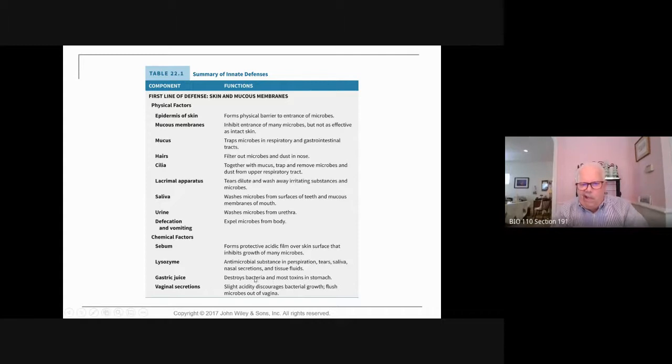You also have gastric juice, which will destroy bacteria and some toxins in the stomach. And in the vagina, you have acidity that discourages bacterial growth of microbes. Remember, it is non-specific and you are born with it. Innate defenses.